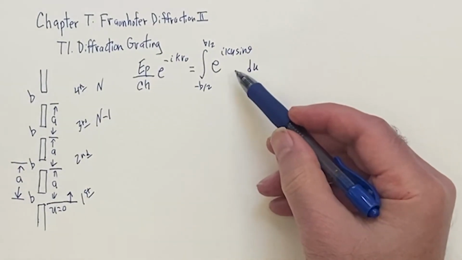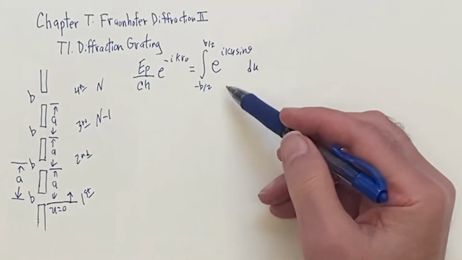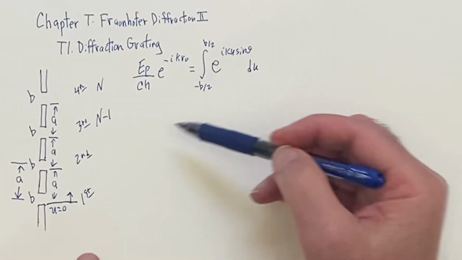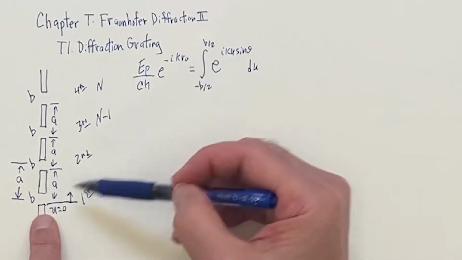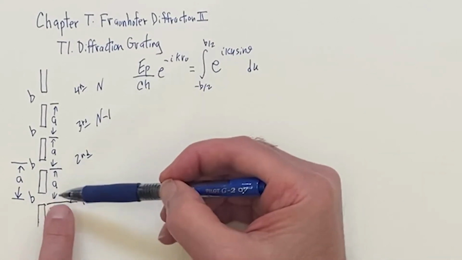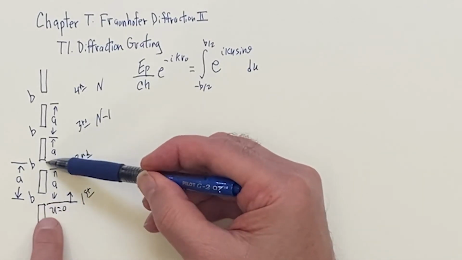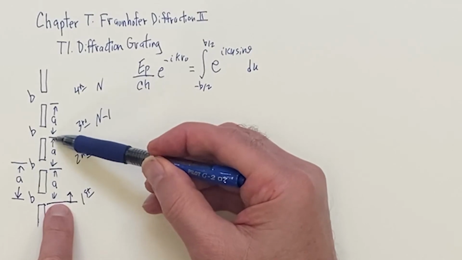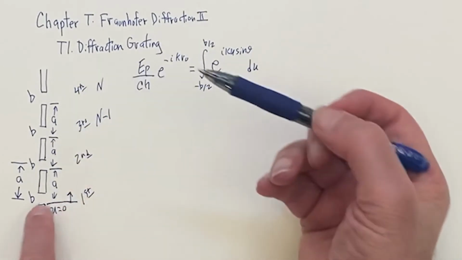And we're going to do the same thing that we did for the double slit, but continue along. So we're going to integrate from 0 to b, and then from a to a plus b, and then from 2a to 2a plus b, and so on.